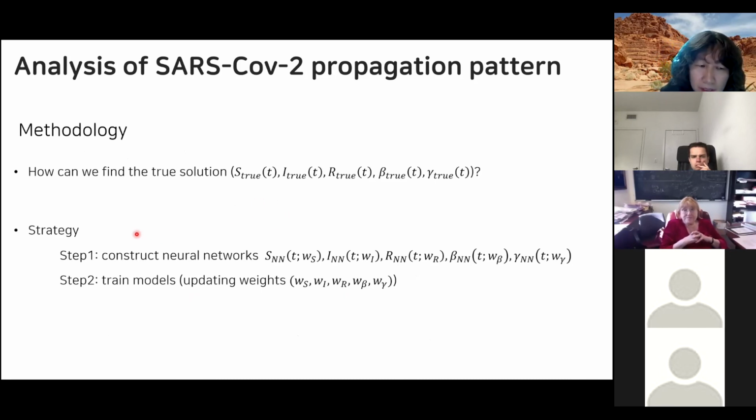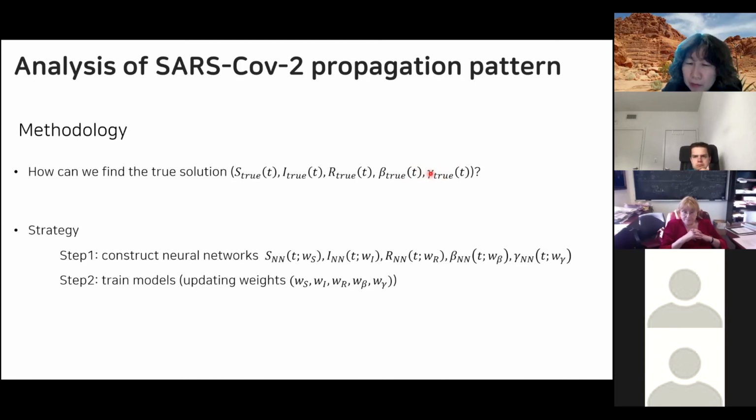All right. So here is the strategy. As I said, if beta and gamma, these rate coefficients, are functions of time, then it's really hard to calculate these time-varying coefficients by the traditional numerical method.